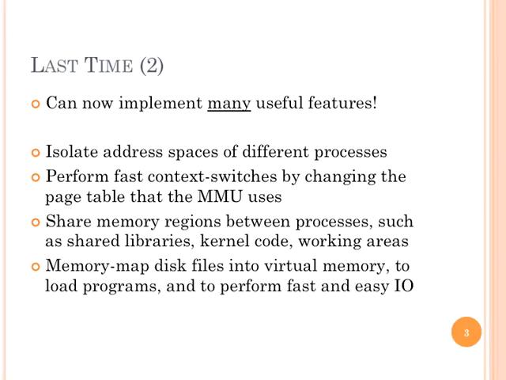We can memory map disk files into virtual memory. This is really nice, because instead of having to manually treat program loading in a separate special way, we can just memory map those virtual pages, and they'll be loaded in as they're referenced. This is called demand loading. We don't really talk about that in this class, but when I only load the pages of my program as I need them, that's demand loading, and the same thing with my heap.